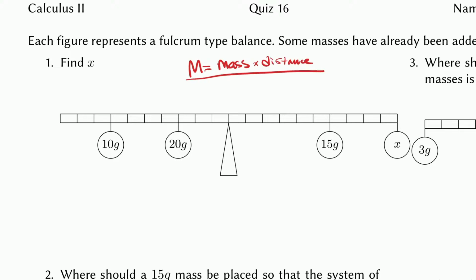So this is what the moment is, capital M for moment. In this case, the distance here is 3, the distance here is 7, and so the moment on this side of the fulcrum is 7 times 10 plus 3 times 20, which is equal to 130.